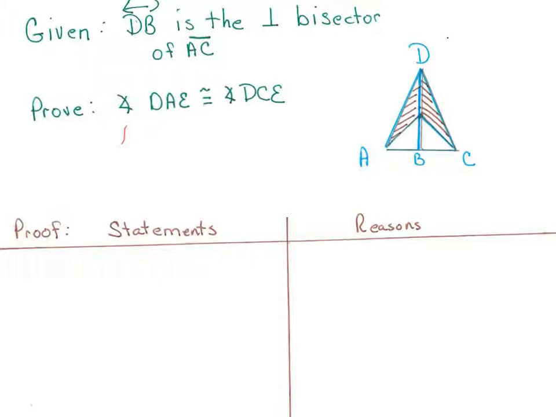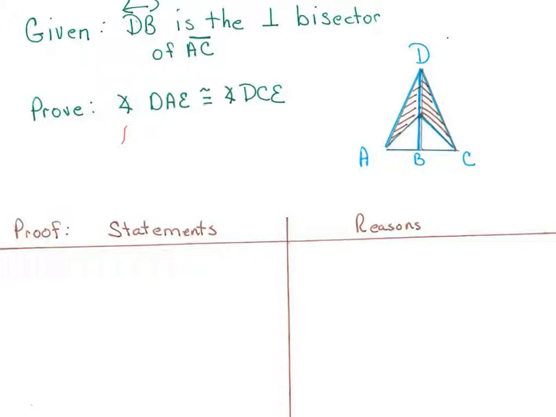Now what I've done is shaded that in so that hopefully you can see that's like a three-dimensional figure. It's got a triangle on the base, and then it has sides coming up. But it's a three-dimensional figure.